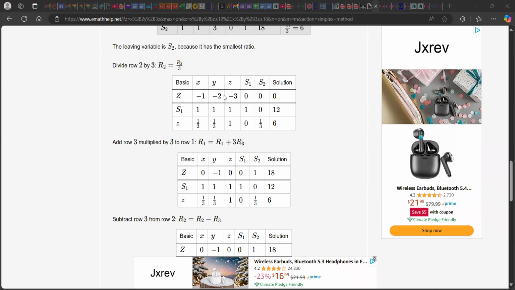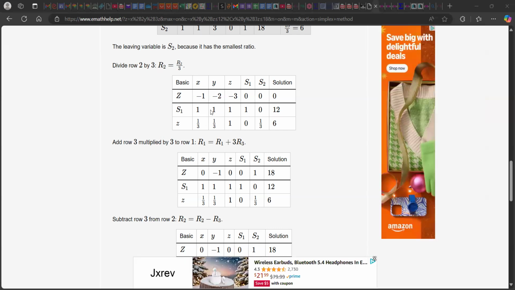But you do it to every element. So you take this whole row, multiply it by 3, add it to this row, and you put the answer here. So you get 0, minus 1, 0, 0, 1, 18. So you do have a 0 here, right? That's what you wanted.